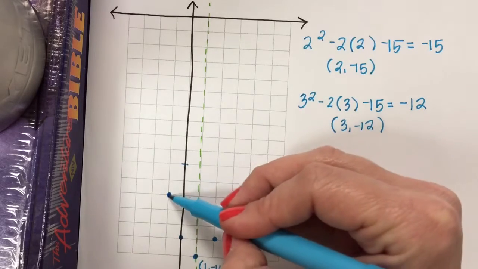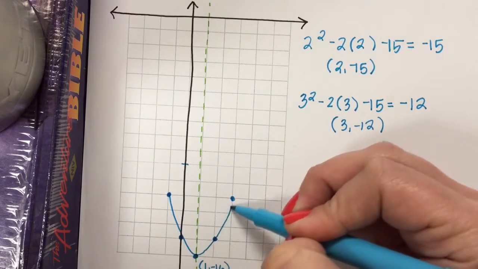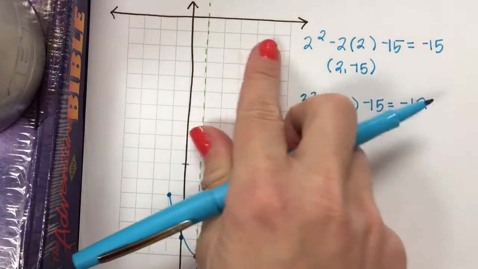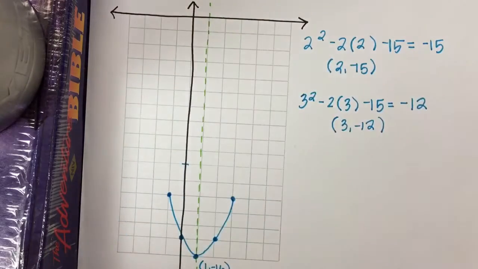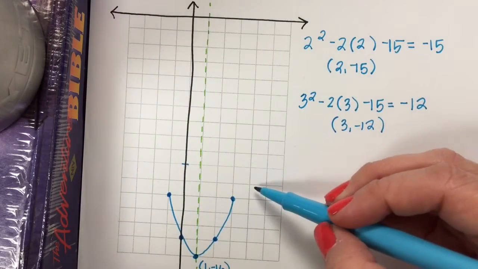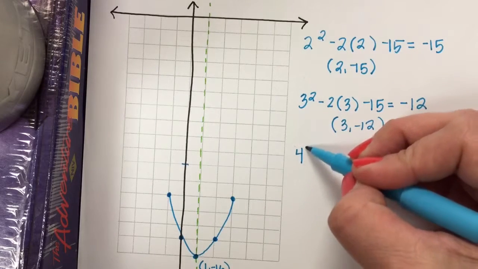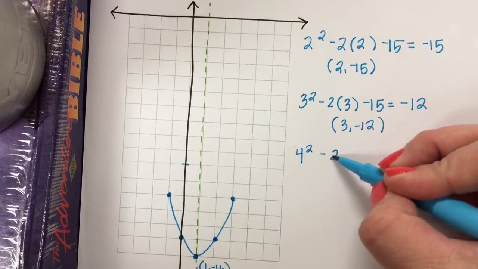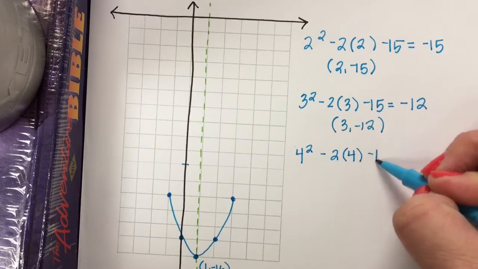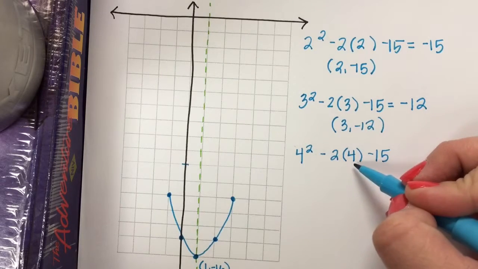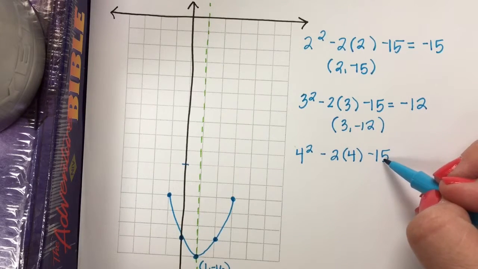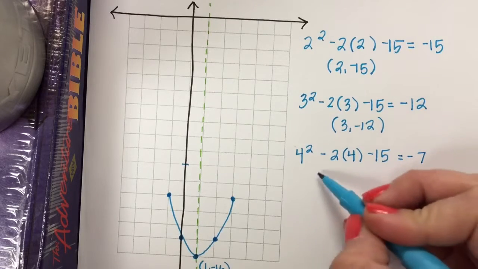Okay, it's starting, but I'm trying to solve, so I want to know where it crosses the x-axis. I plugged in 3, so I'm going to go one more and plug in 4. 4 squared minus 2 times 4 minus 15. So 16 minus 8 is 8, and 8 minus 15 is negative 7.